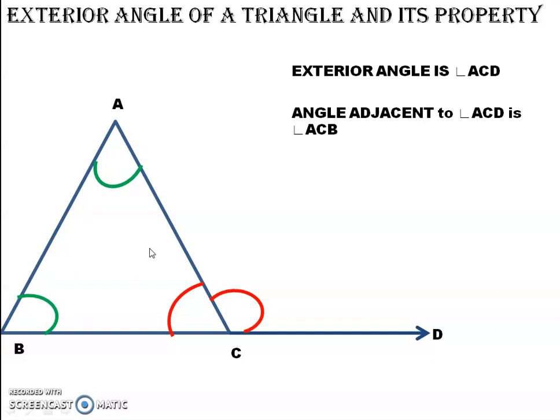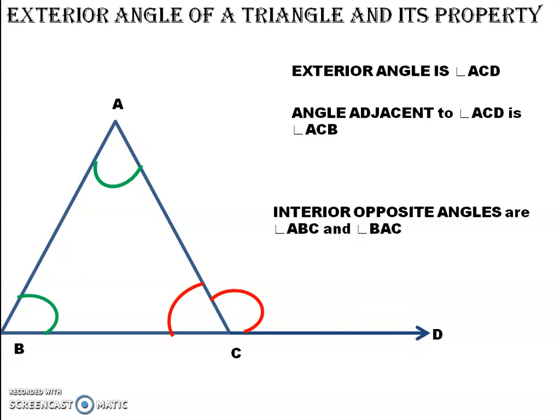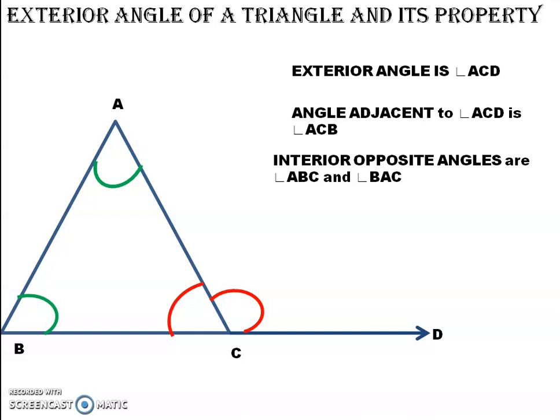And it is inside the triangle. So what will you call them? Interior opposite angles to exterior angles. With respect to this exterior angle, we name them interior opposite angles.